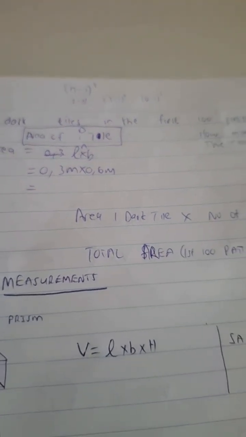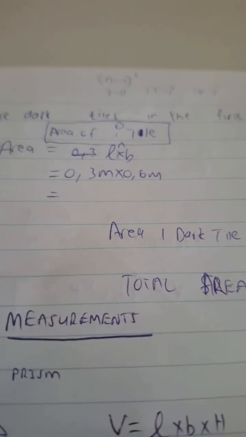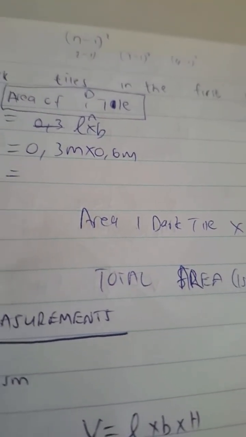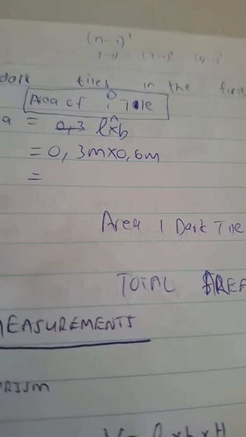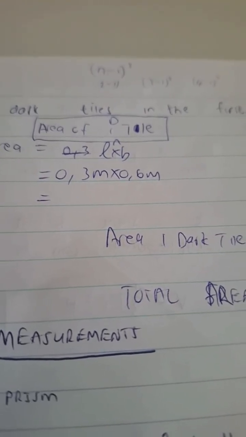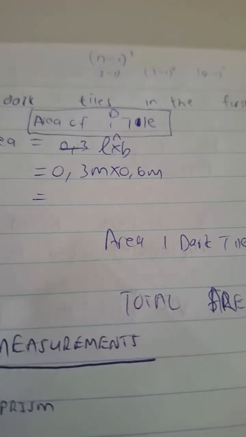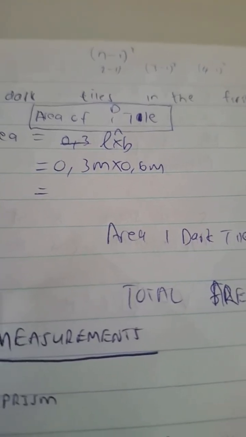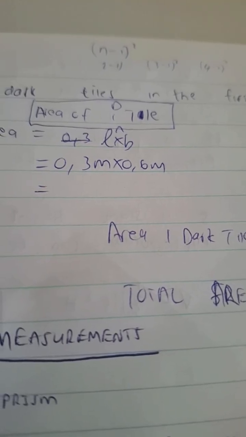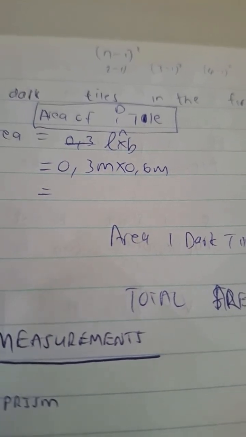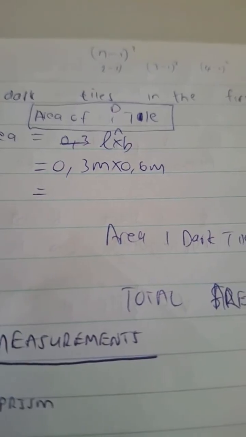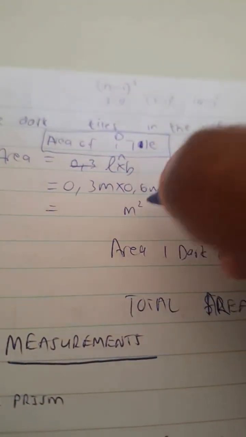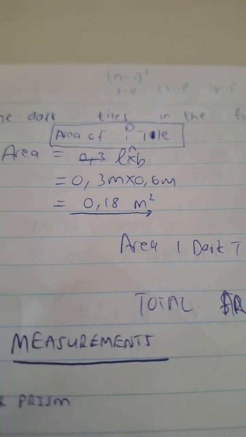What's 0.3 meters times 0.6 meters? 0.3 times 0.6 gives me 0.18 meters squared. Remember, area is measured in square units.